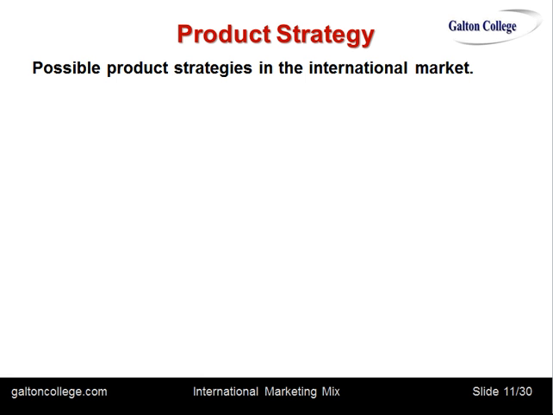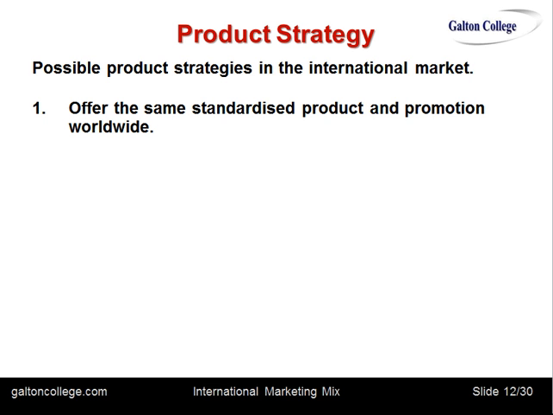The product strategy. Well, possible product strategies in the international market: offer the same standardized product and promotion worldwide. That's one. And that's probably the cheapest one, because the product is not modified. It's a standardized product and promotion. So the same advertisements, the same techniques for promotion, the same product is offered in all countries.